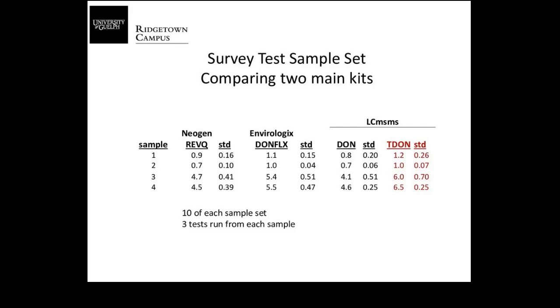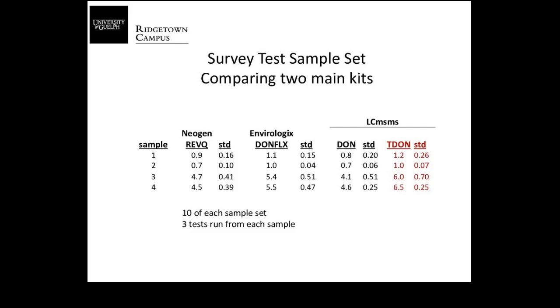I'll explain something here. What we have is I've turned that table around from before, and I've added another column which shows the total DON that we measured, all those other DON components.